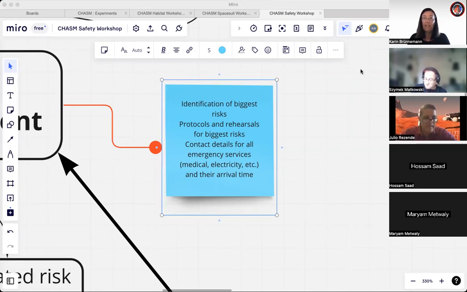Yeah, and then this actually brings up another question. If you have international missions and you are, for example, in Brazil, and the participants don't speak Portuguese, the question is also, do the emergency services speak English? Yes, there are necessary protocols to deal with it. It's a very interesting point.